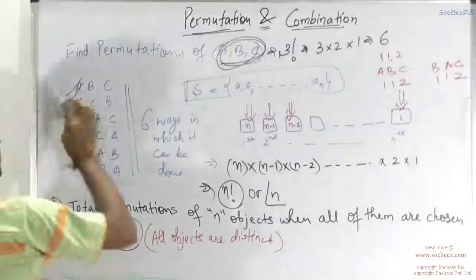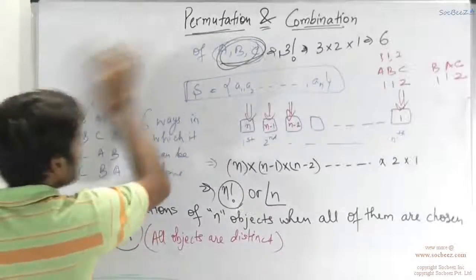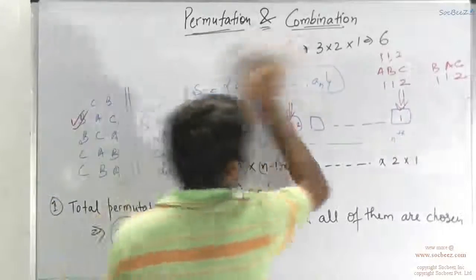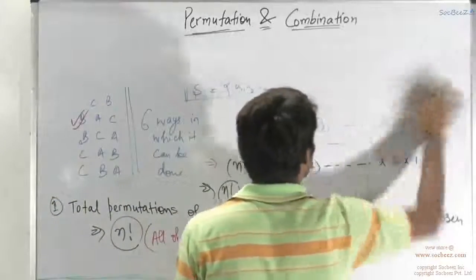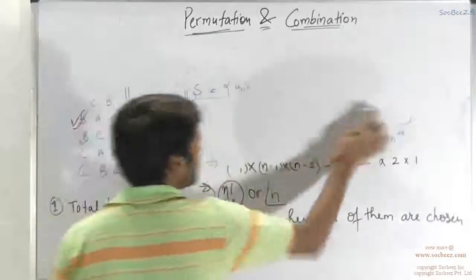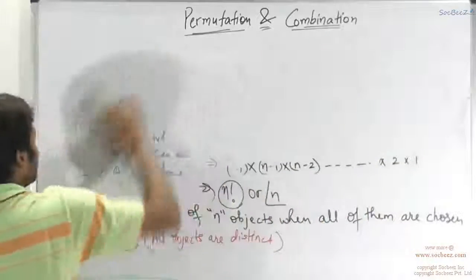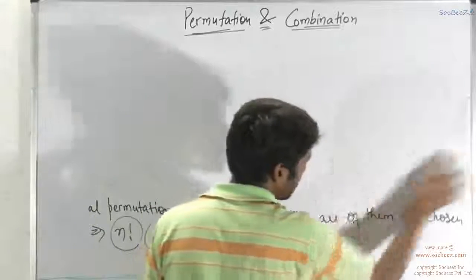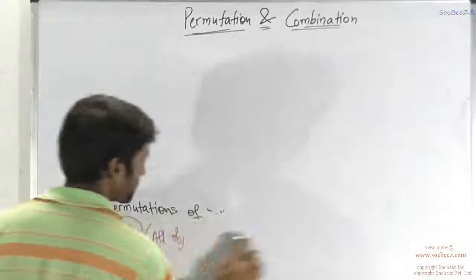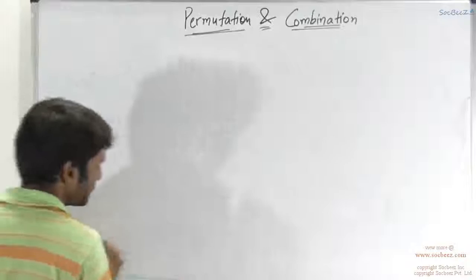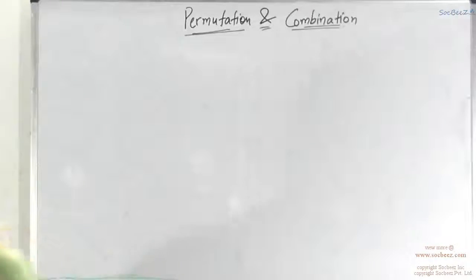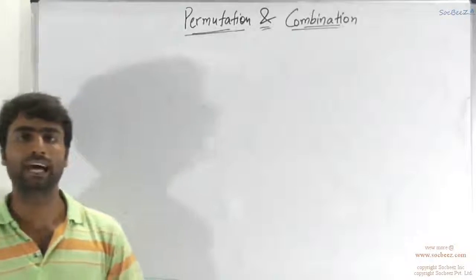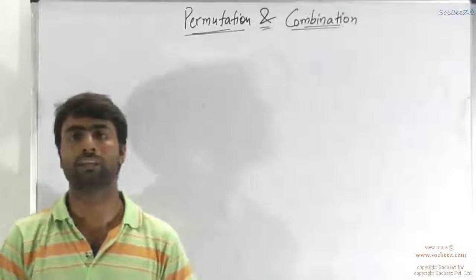So the next thing we will do is, let us suppose the case was such that you didn't have to choose all of those n numbers.